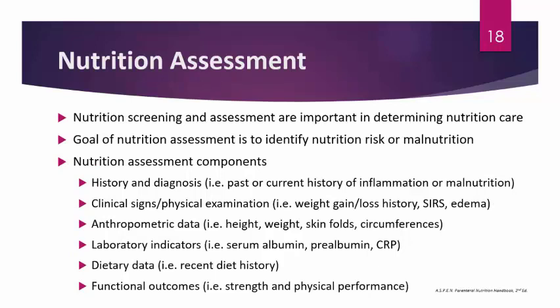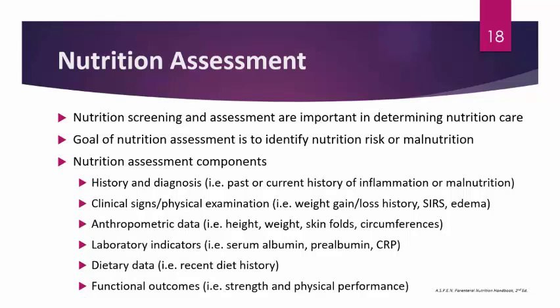So in general, nutrition assessment and screening are important in determining nutrition care. The goal of nutrition assessment is to identify nutrition risk or malnutrition. The nutritional assessment components are what we listed previously: history, clinical signs of physical exam, anthropometric data, laboratory indicators, dietary data, and functional outcomes. We want to look at all of these things whenever we make a determination about someone's nutritional status.